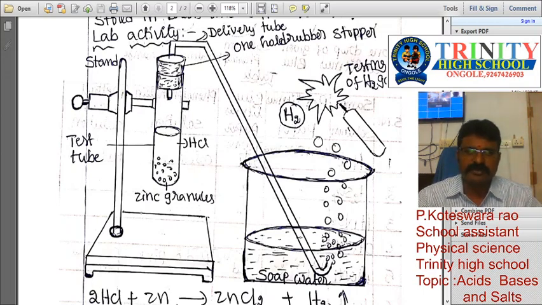So in this experiment, which gas is eliminated? Hydrogen gas. How is it possible to tell that this is hydrogen gas? Because it puts off the splinter with a pop sound.